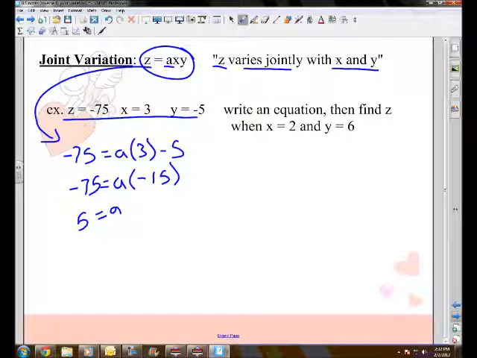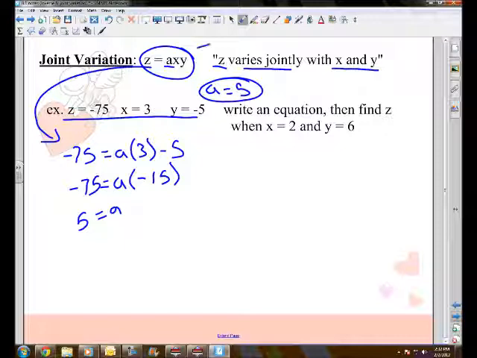Okay, we'll get a positive 5 for a. So now we've got our a. Now we can write an equation and find z when x equals 2 and y equals 6.